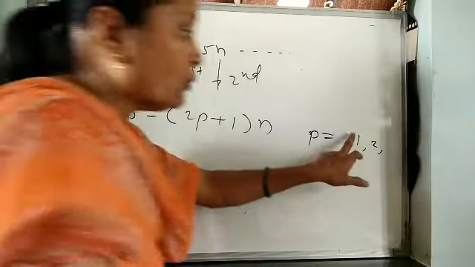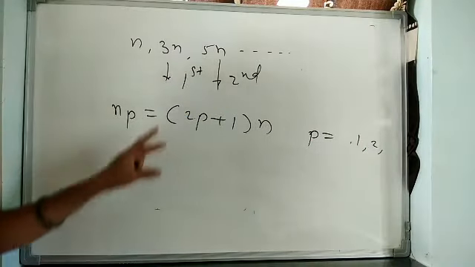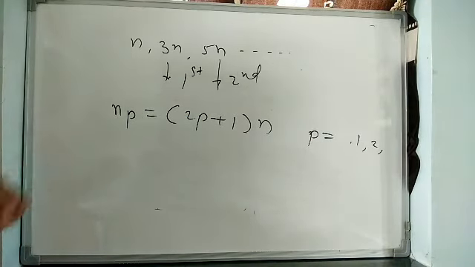Therefore p is equal to 1, 2, 3, 4, etc., and then you can find the frequency of the pth overtone. Here, Np is equal to (2p plus 1) into N.